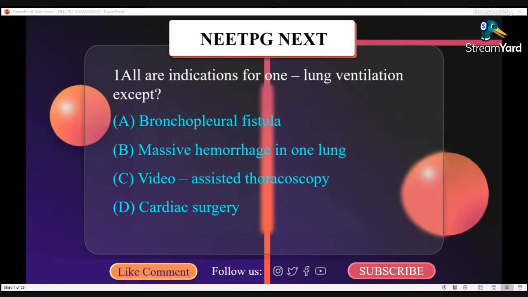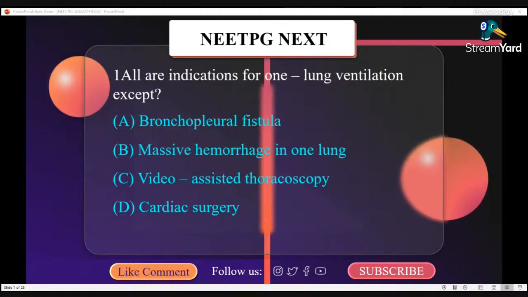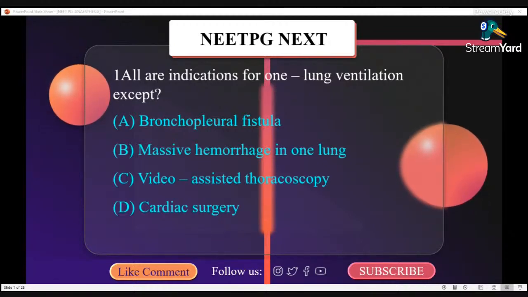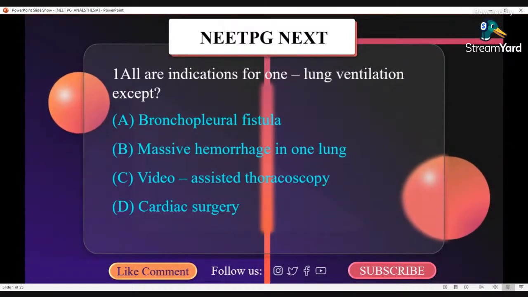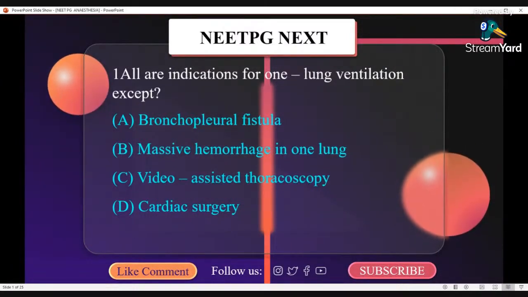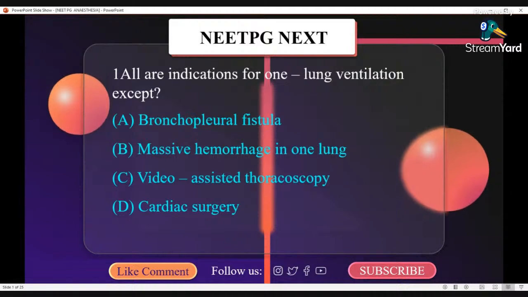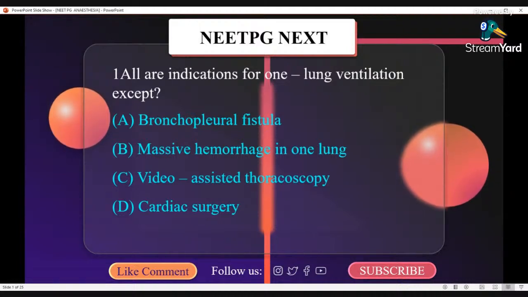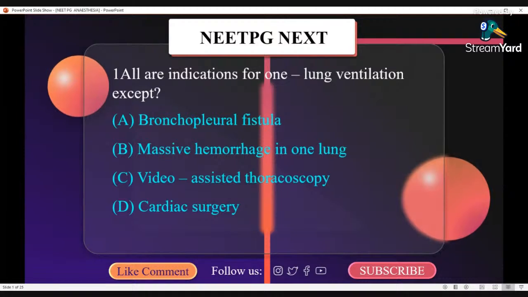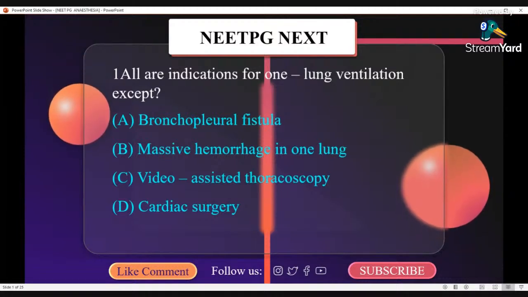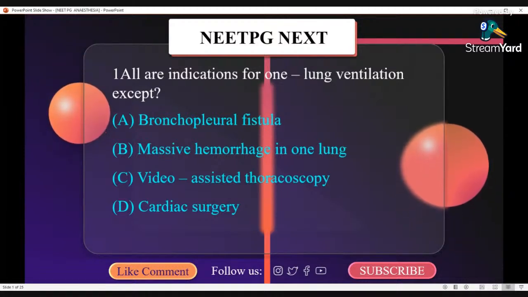C. Video assisted thoracoscopy. D. Cardiac surgery. All are indications for one lung ventilation: bronchopleural fistula, massive hemorrhage in one lung, video assisted thoracoscopy, except cardiac surgery. So the correct option here is cardiac surgery.